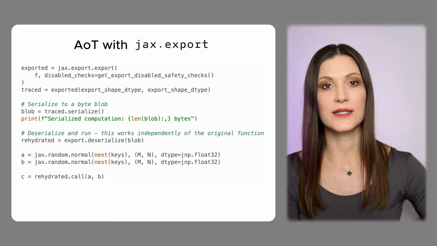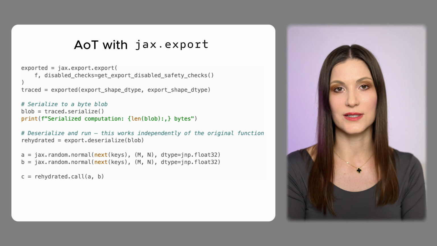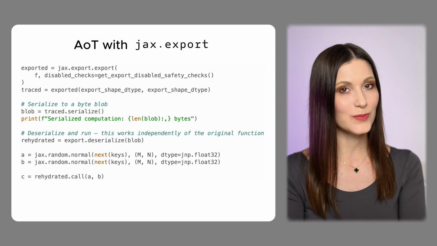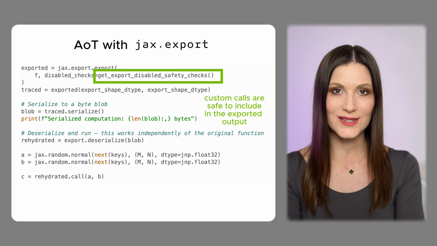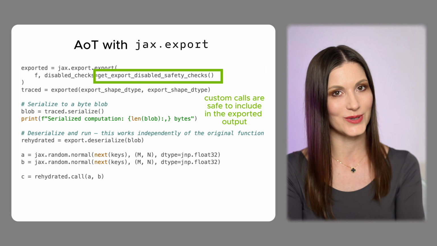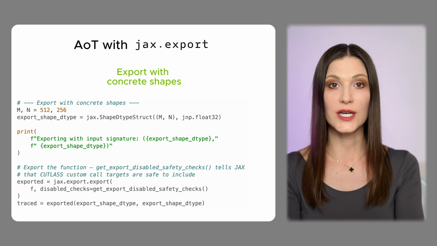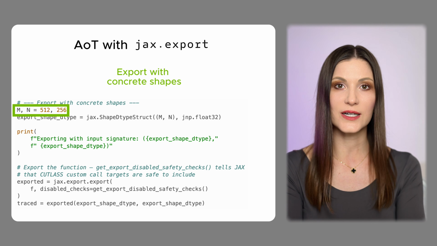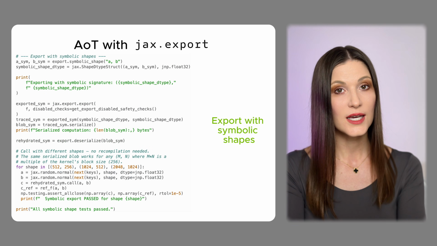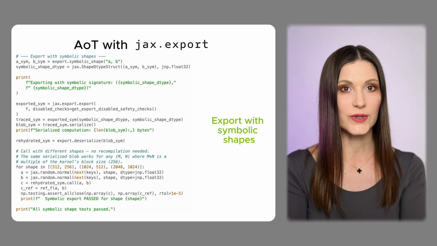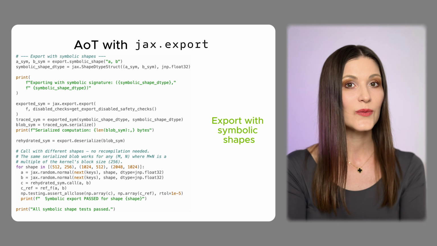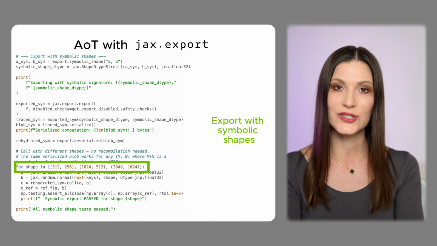There are two key details when exporting a CUTLASS kernel. First, the exported computation includes custom calls. We explicitly tell JAX that these custom calls are safe to include in the exported output. Second, shapes matter. If we export with concrete shapes, the artifact is locked to those dimensions. If we export with symbolic shapes, we can reuse the same artifact across multiple input sizes, within the constraints of the kernel's launch assumptions.